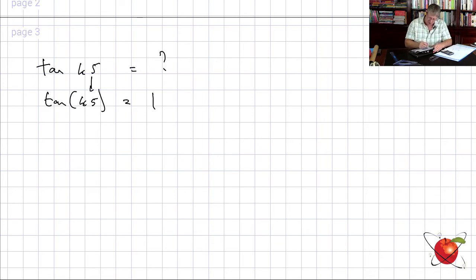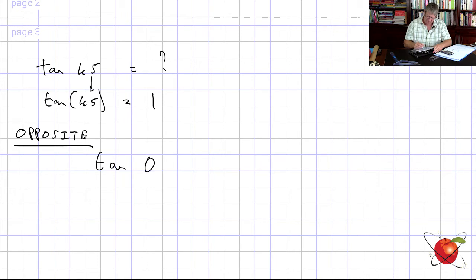Now, what is the opposite? What if I said to you tan of theta equals 1? Can you see what I've done? I've now given you this and asked you to find theta. This is the opposite way around.